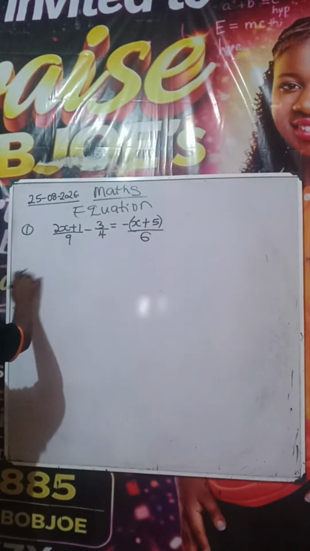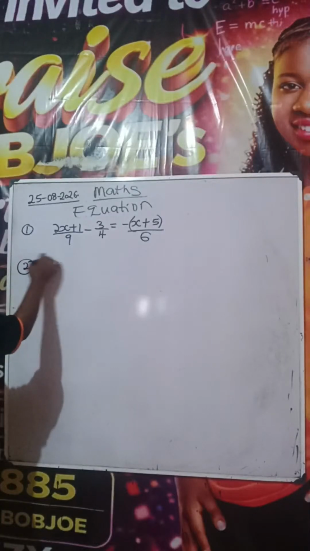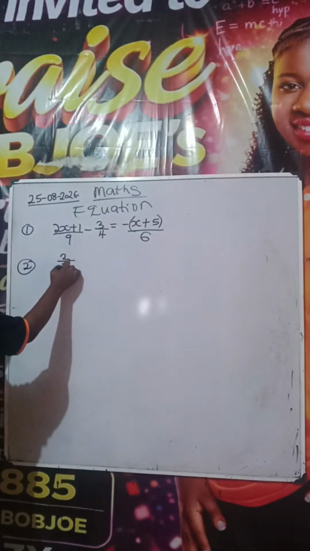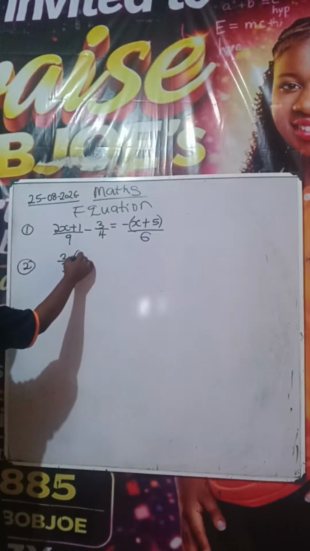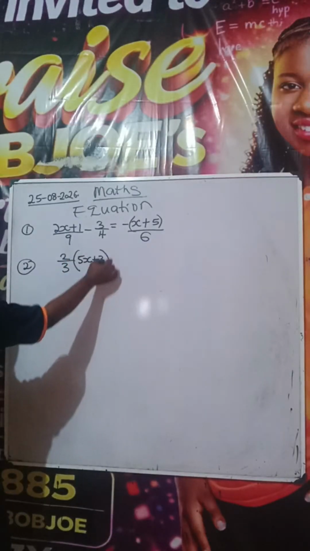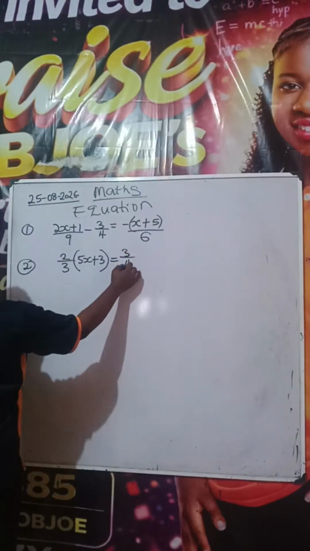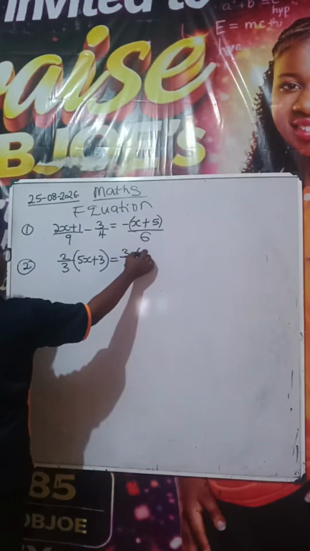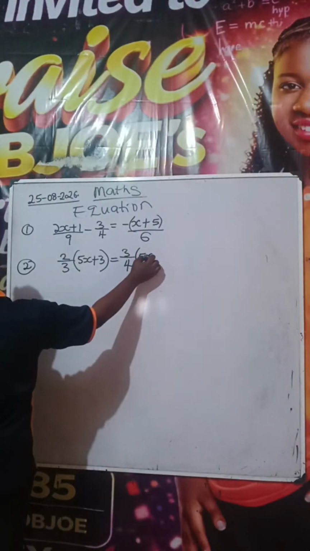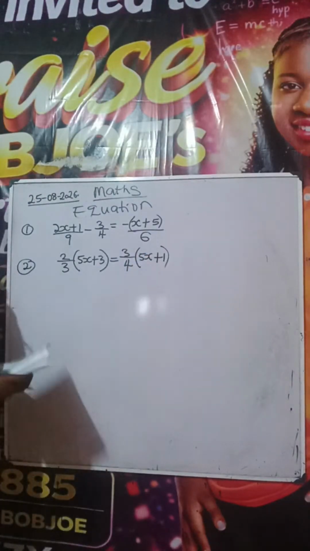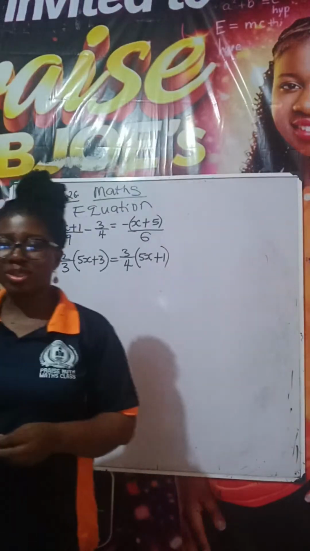Then the next one, we have 2 over 3, 5x plus 3 is equal to 3 over 4, then 5x plus 1. Now look at the two equations on the board.